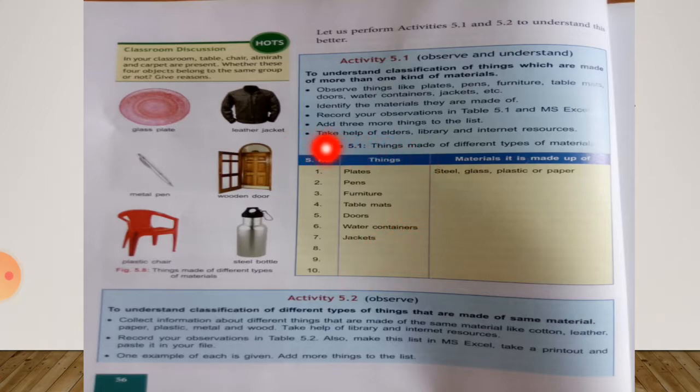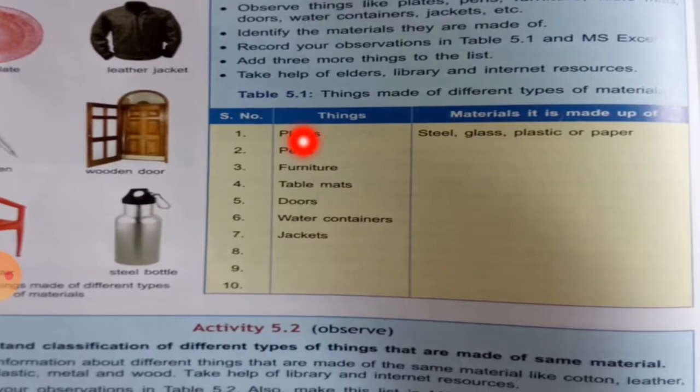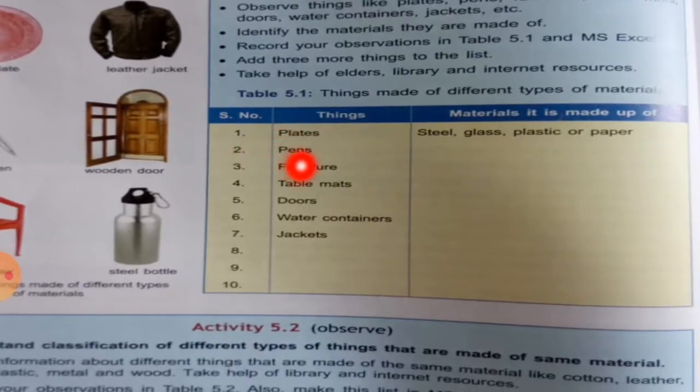Now you can take help of elders, library and internet resources to complete this list. Things made of different types of materials. Let's see. Plates are made of steel, glass, plastic or paper. Now pens. Pens are made of cap, barrel, ink tube, plastic. Now furniture is made of plastic, wood, metals.